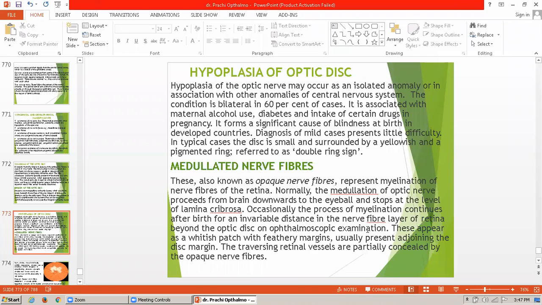So occasionally the process of myelination continues after birth for a variable distance in the nerve fiber layer of the retina beyond the optic disc on ophthalmoscopic examination. These appear as a whitish patch with feathery margins and usually present adjoining the disc margin. The traversing retinal vessels are partially concealed by the opaque nerve fibers. So, medullated nerve fiber is also known as the opaque nerve fiber.